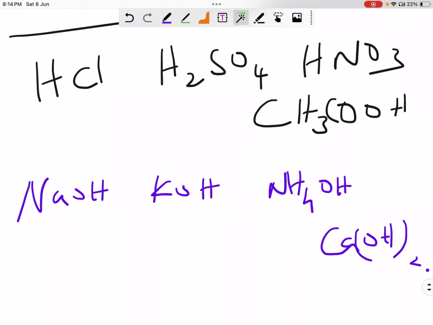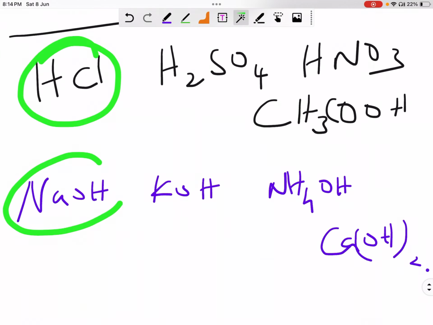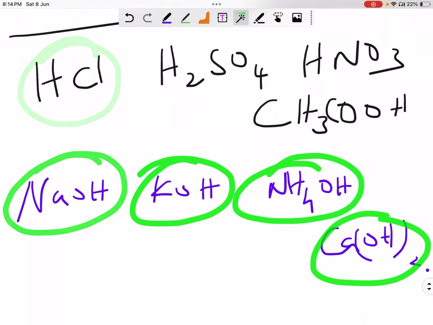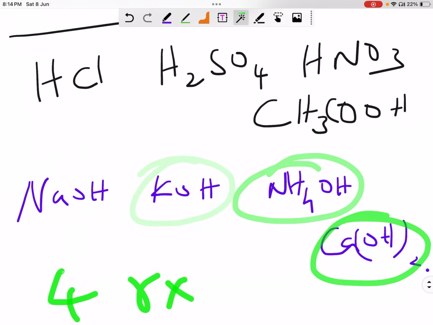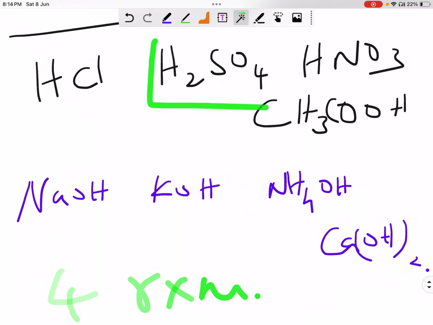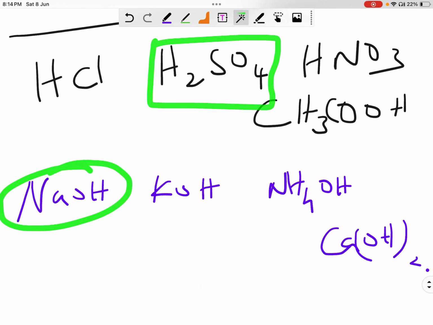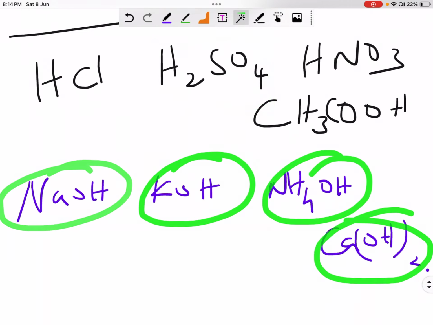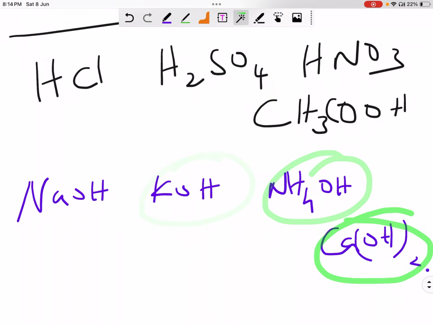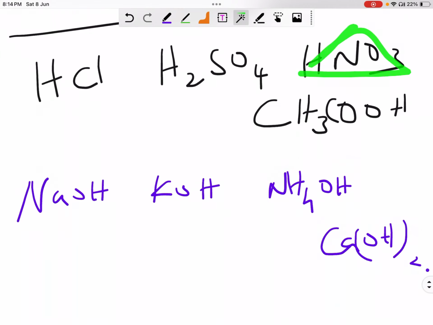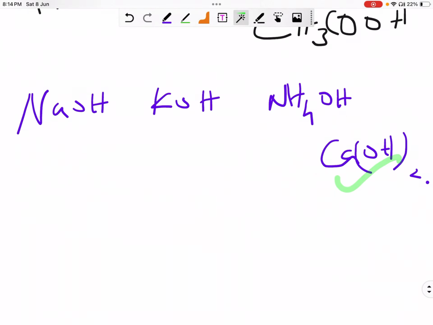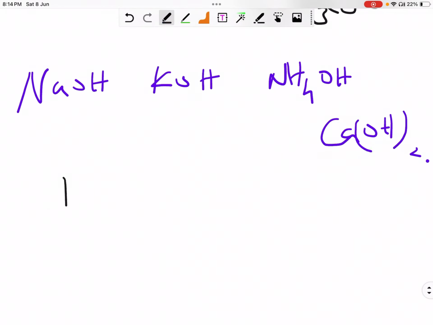You can make this acid react with these bases and give four reactions. Similarly, you can make this acid react with these four bases individually, and you get another four reactions. Then HNO3 reacting with NaOH, KOH, NH4OH, and Ca(OH)2. Like this, you can come up with 16 reactions.